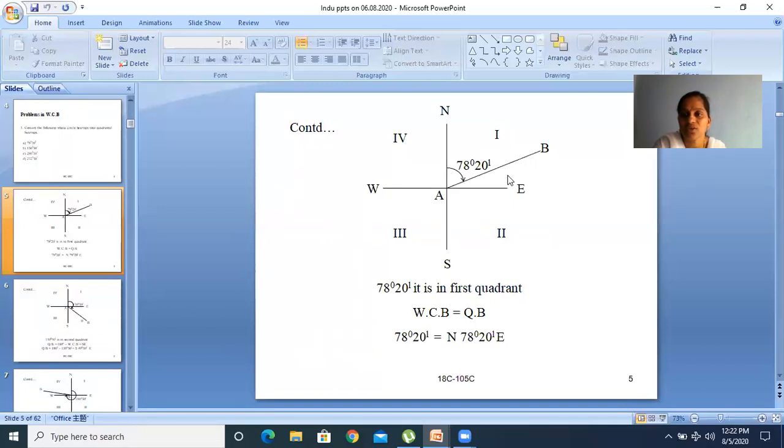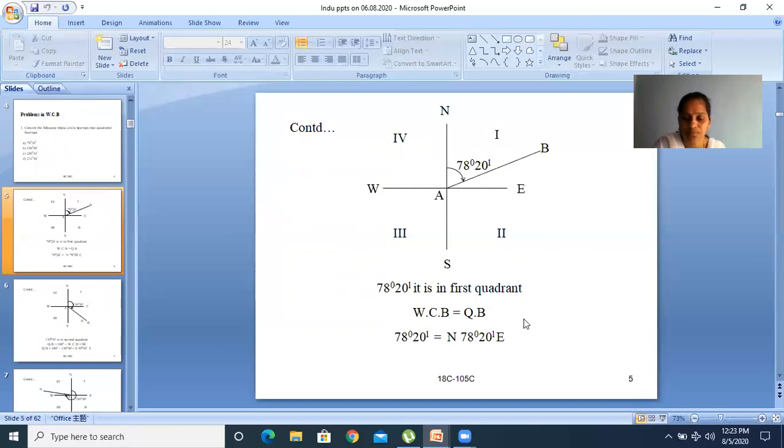Yes, QB is equal to WCB. But we have to give the designation, that is, the direction. In the first quadrant the directions are north and east. So 78 degrees 20 minutes WCB is equal to north 78 degrees 20 minutes east in QB.